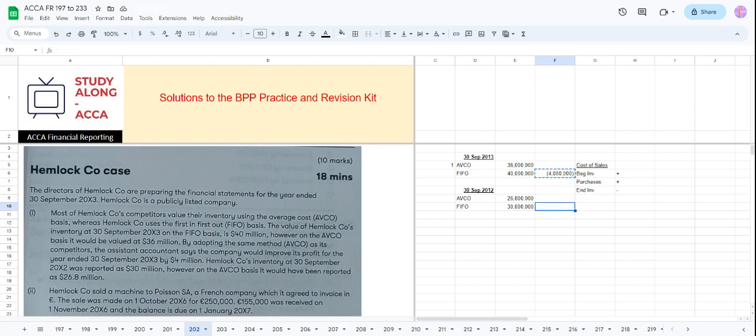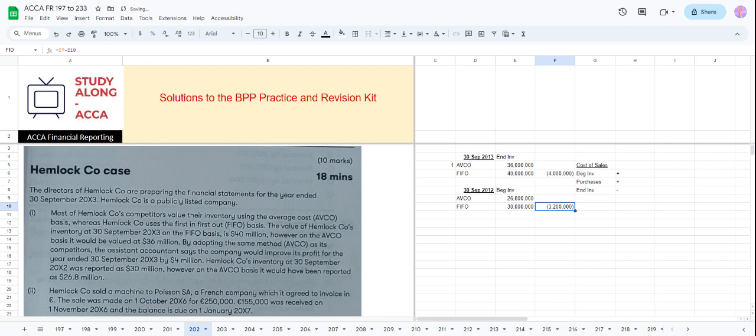And beginning inventory will also decrease by 3.2 million, because at average cost we are now recording it at 26.8. So this is the change in ending inventory, and this is beginning inventory.